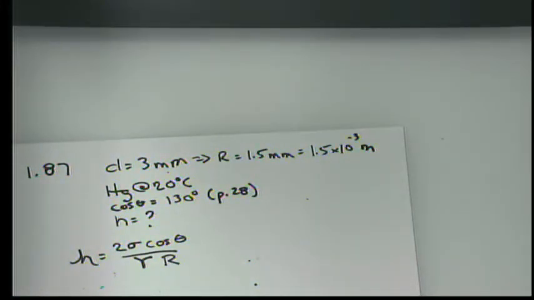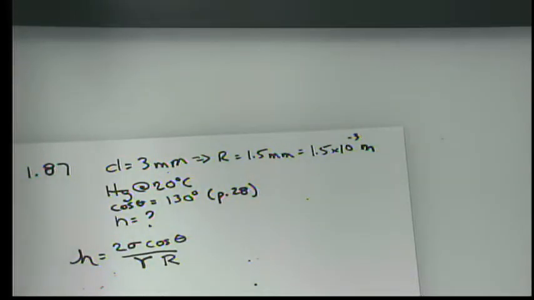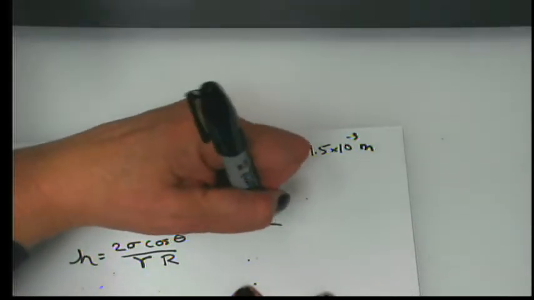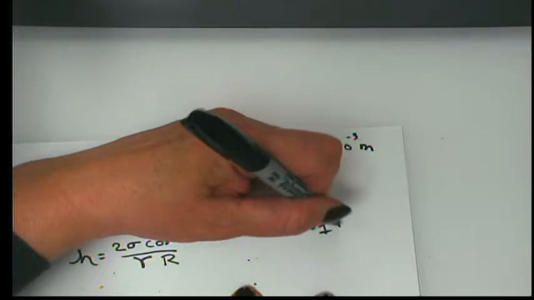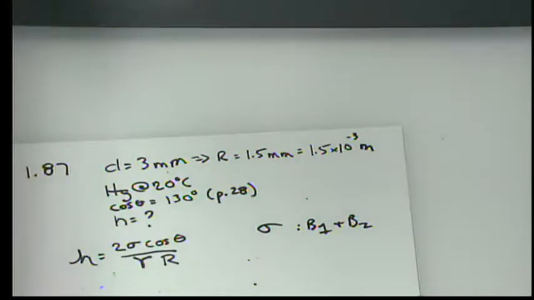All right, so where do we find a value for surface tension in your textbook? Well, if you look on page 26, it refers us to tables B1 and B2 for water. Those will be the appendices in the back of your book.